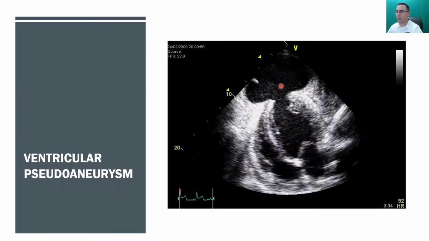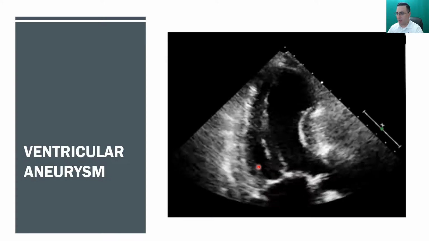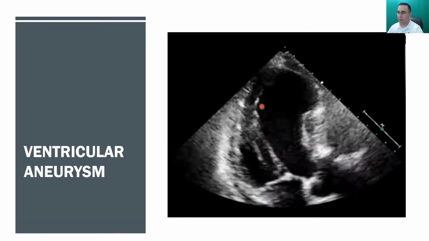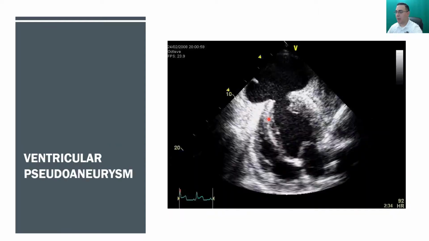Therefore, this pseudoaneurysm is going to have more chances for what? For rupture. So this is considered a medical emergency. Just in case you're scanning and you find something like this, you have to let your doctor know right away that you found this, and of course this patient needs further treatment. So look one more time. Here we have the aneurysm, and here we have the pseudoaneurysm.